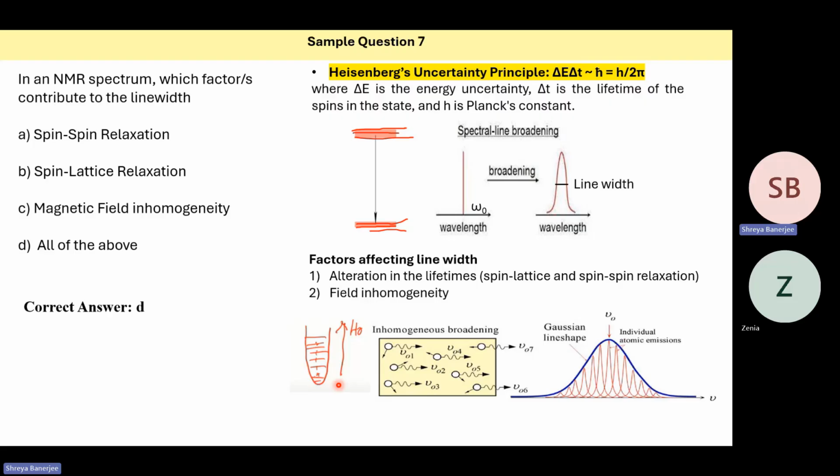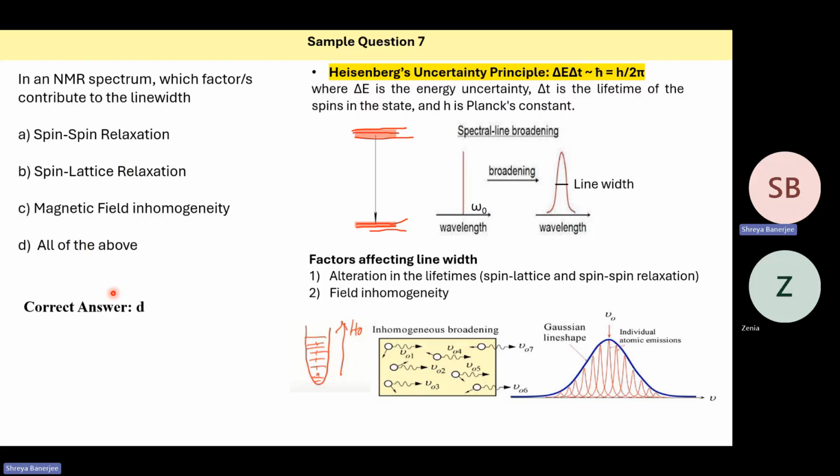And the other reason is field inhomogeneity. No machine is ideal or perfect. Due to some aberrations in the machine, the field can be inhomogeneous in some places, and if different nuclei are experiencing a different magnetic field, that will also lead to spectral line broadening.